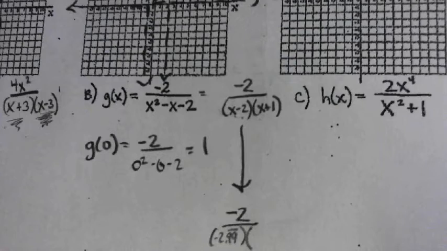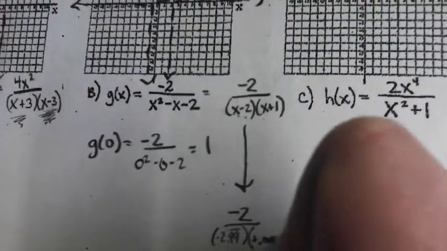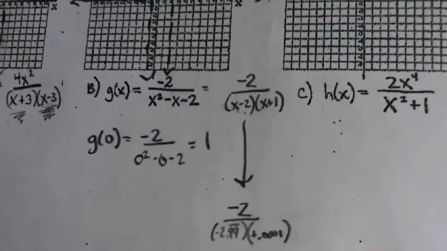Negative 0.9999999 plus 1. Andrew? Is it going to be positive or negative? Let's start there. Positive. Positive, barely positive, right? Like 0.000001. So again, we don't care about the value.